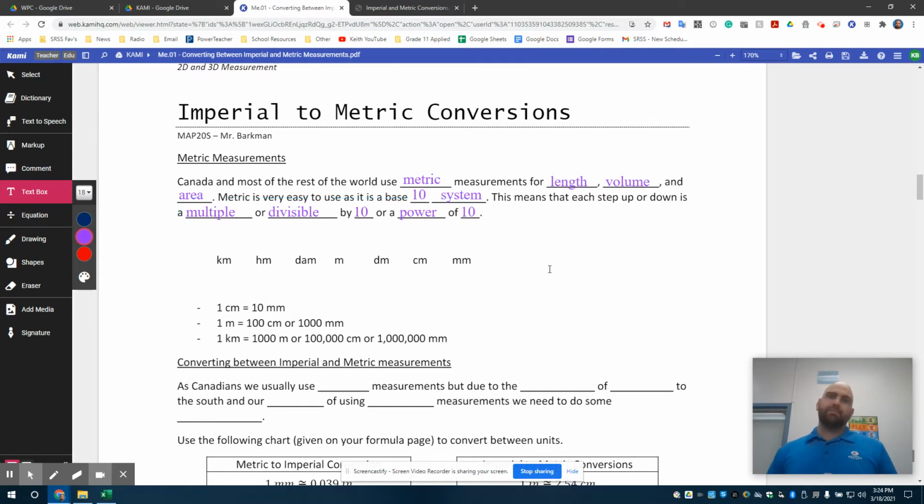So any step that we do up or down is going to be divisible by 10 or a multiple or a power of 10.